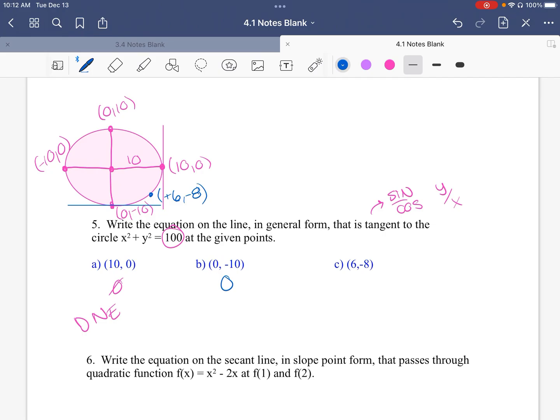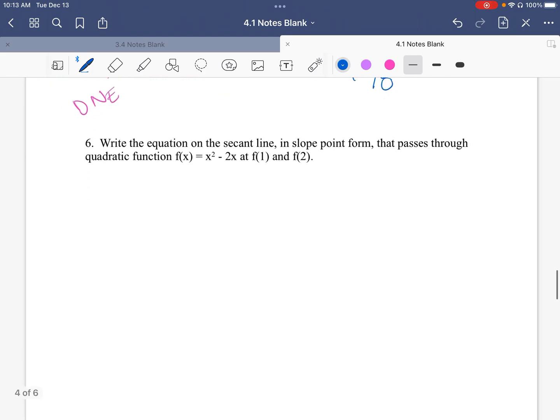In this formula, what you don't know about circles is the square root of this is equal to the radius. So our radius is 10. So that means this point right here on our circle is (10, 0). This point up here on our circle is (0, 10). This point on our circle is (-10, 0). And this one would be (0, -10).